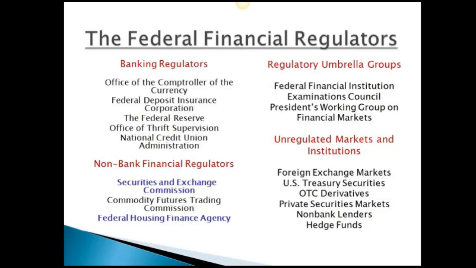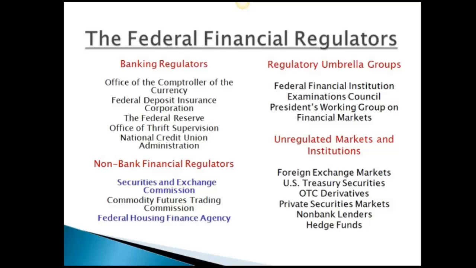The Federal Housing Finance Agency looks at all the paperwork that's filed, all the loans that are filled out, to make sure they're conforming to their standards. Then you have the regulatory umbrella groups, regulators watching the regulators.